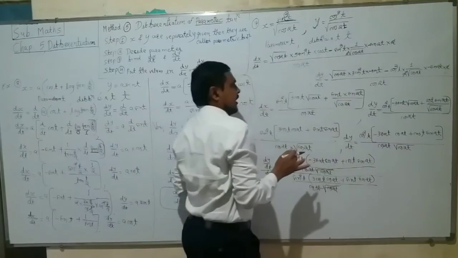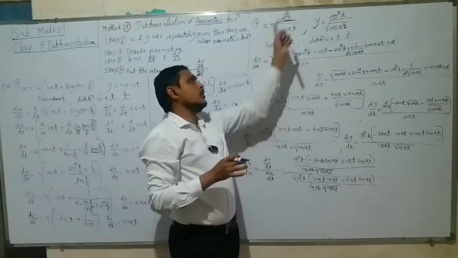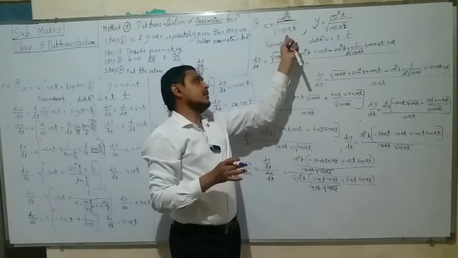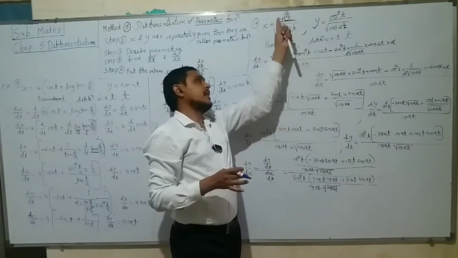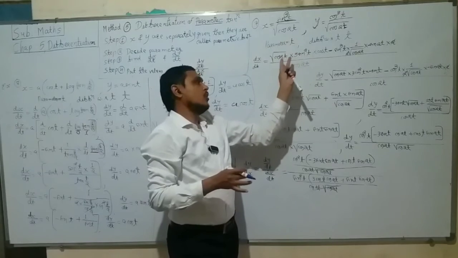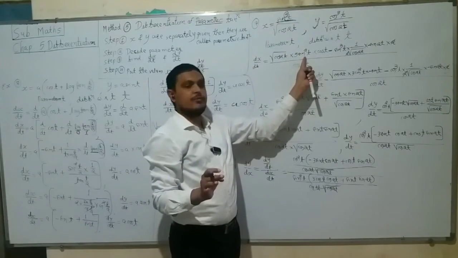With respect to t, we get dx by dt is equal to... For the differentiation of sin cube t upon under root cos 2t, this is a division of two functions, so we apply the division rule here. Denominator fix into differentiation of numerator.